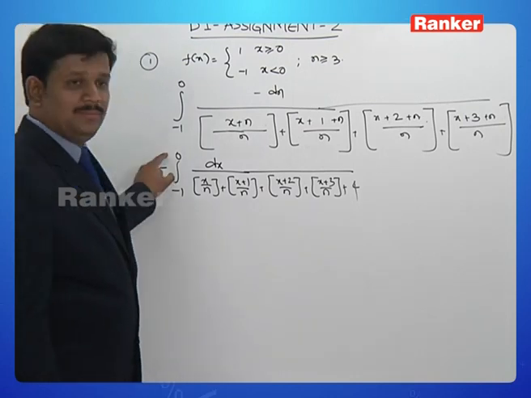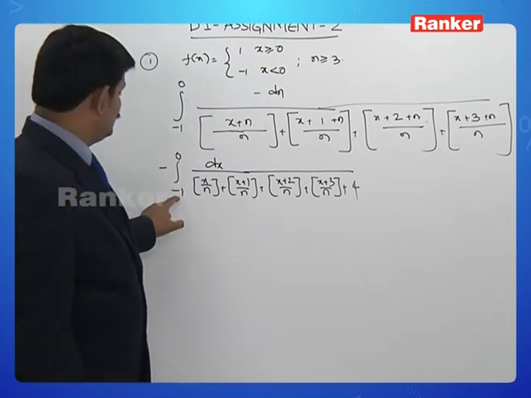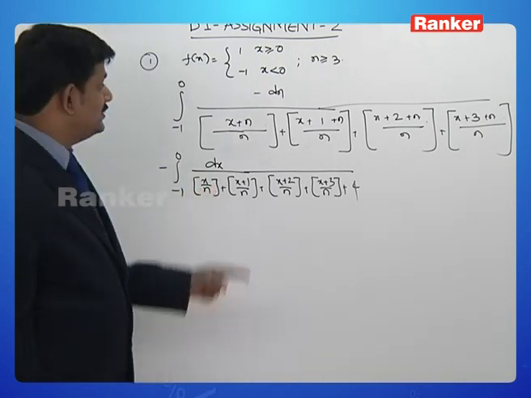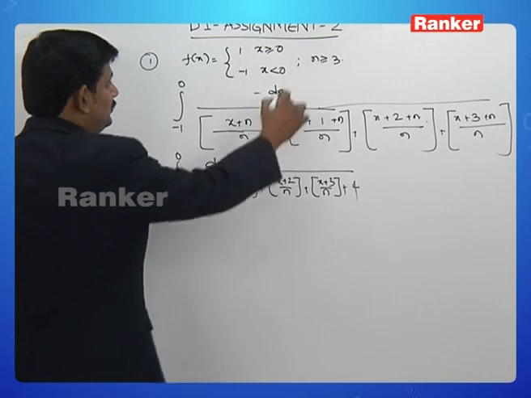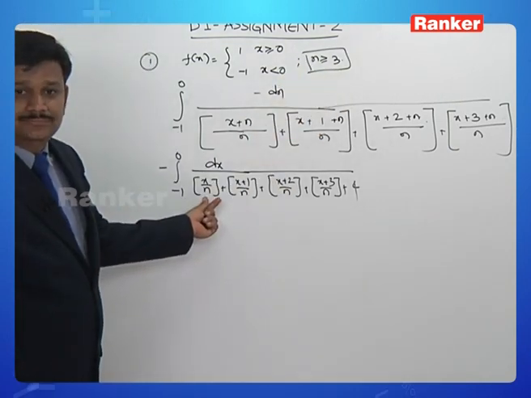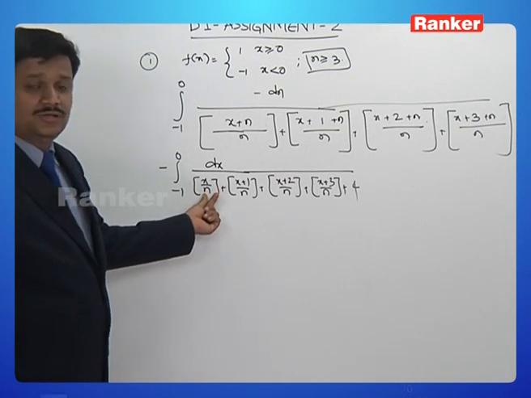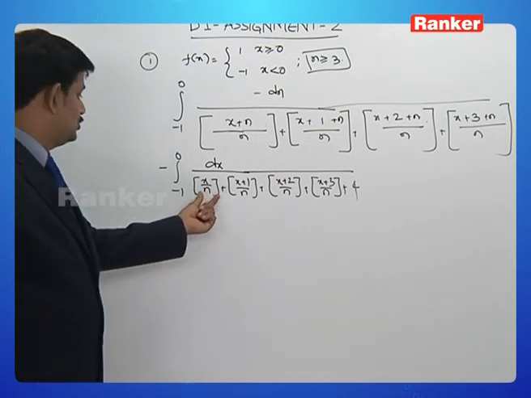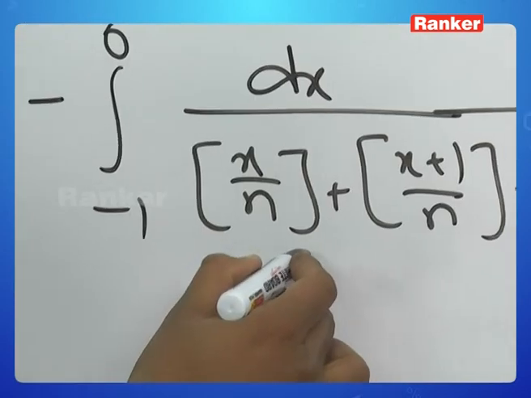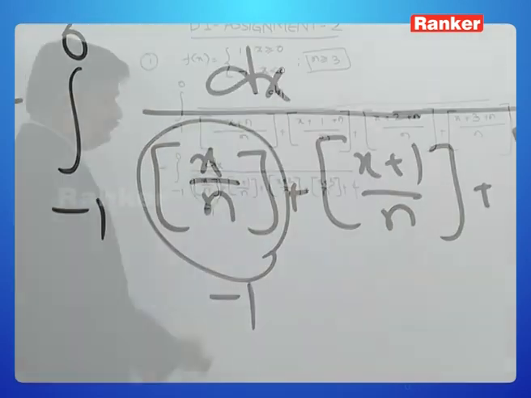As x varies from minus 1 to 0, n is a number greater than or equal to 3, so x by n will lie between minus 1 and 0. So, integral part of x by n will be minus 1. This quantity will become minus 1.